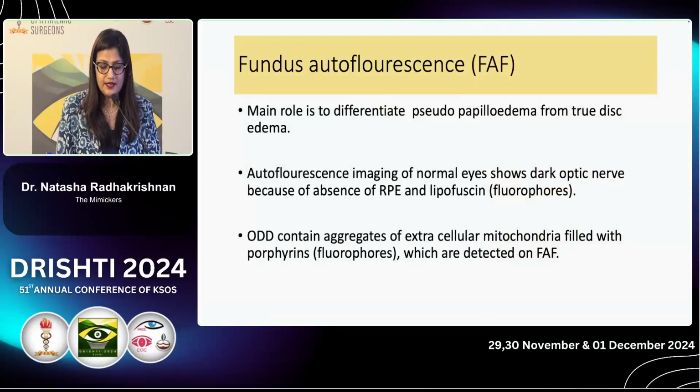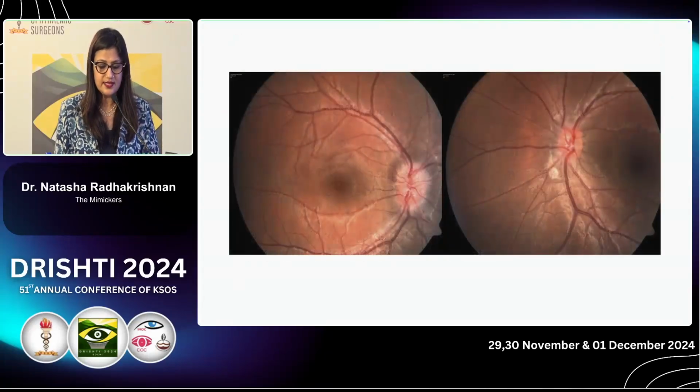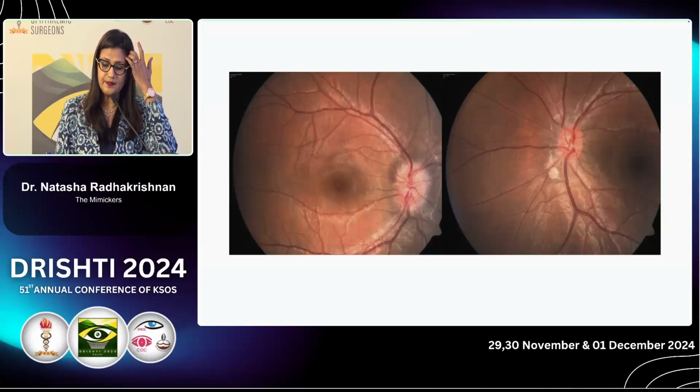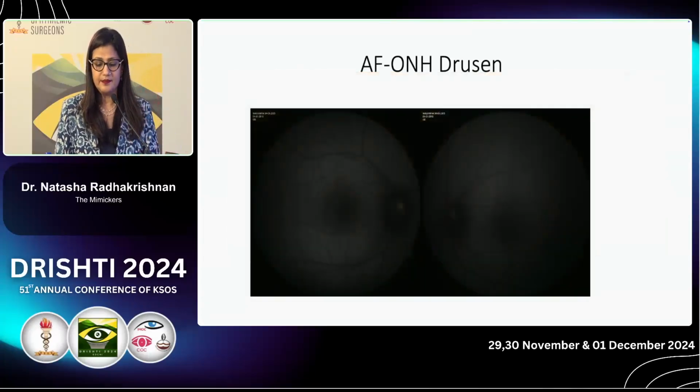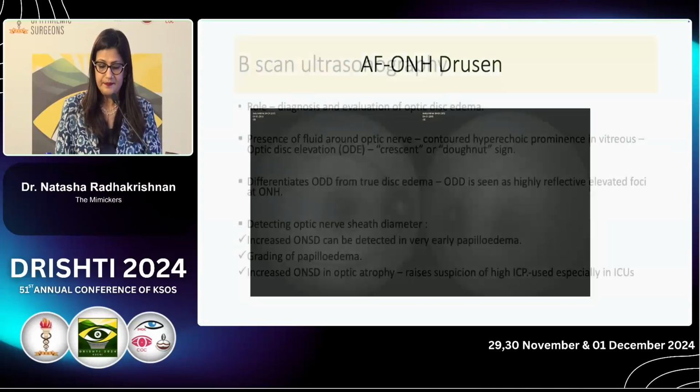The fundus autofluorescence is a very important tool to distinguish optic disc drusen from pseudopapilledema. The autofluorescence normally shows a dark optic disc because of the absence of the RPE and lipofuscin. However, in optic disc drusen, there are fluorophores that are detected on the autofluorescence. This is a disc that actually looks like a very early papilledema, but on autofluorescence you can see the buried drusen on both sides.